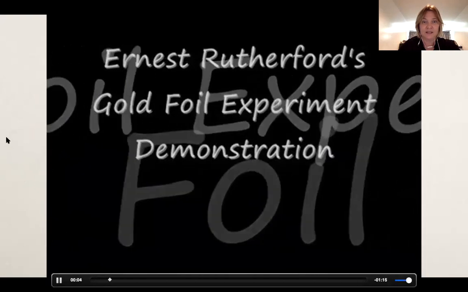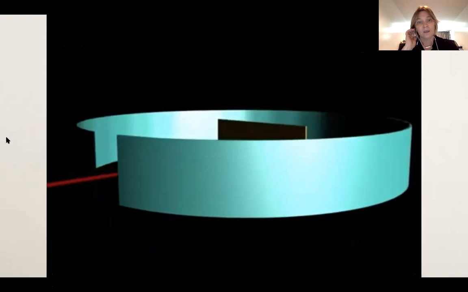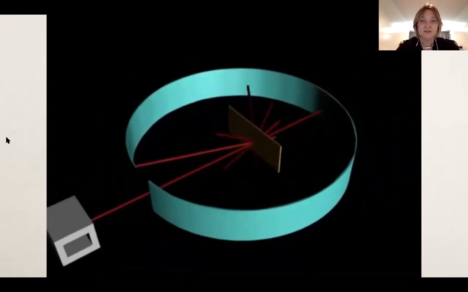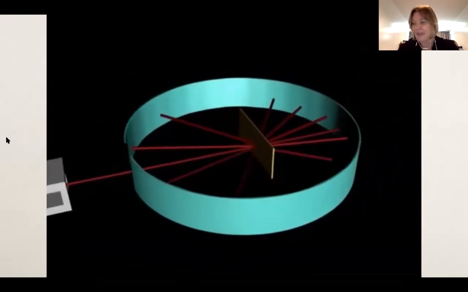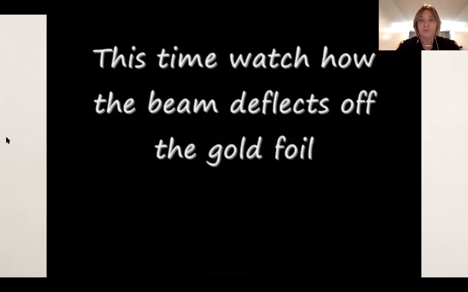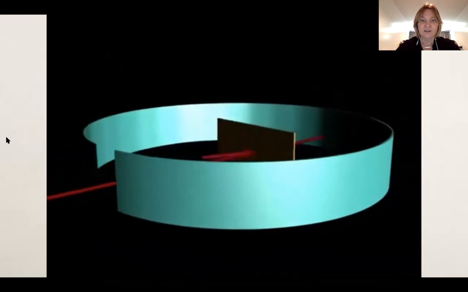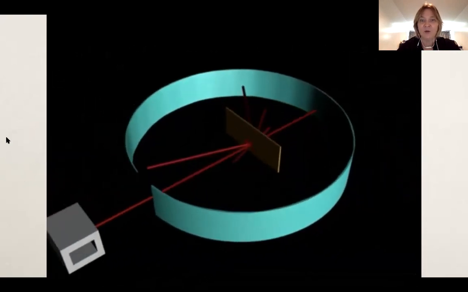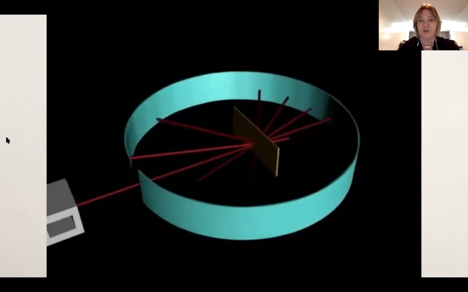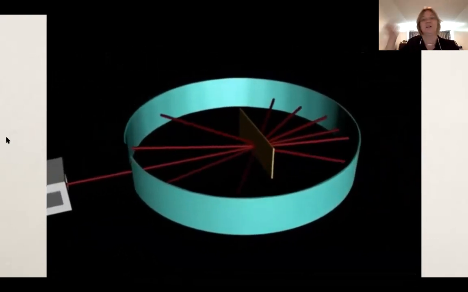So here is a demonstration of the experiment, and you can see just how wide the angles were from these alpha particles that are being deflected by something in the gold foil. They really expected it to just go straight through, but you see how wide the angles are.